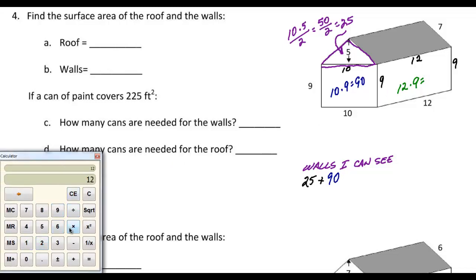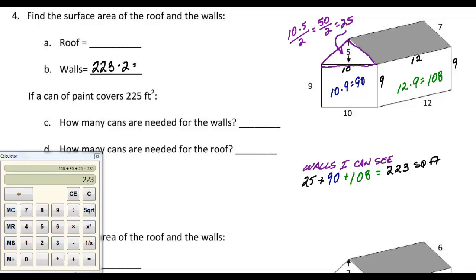I'm going to bust out my calculator. I think it's 108. Let's find out. Winner, winner, chicken dinner. All right, so 108. I'm going to bring that down and add that to 90 and 25. And the walls I can see total 223 square feet.